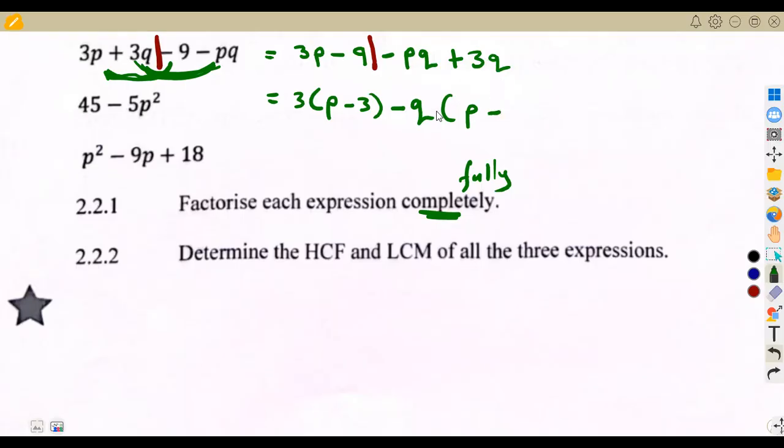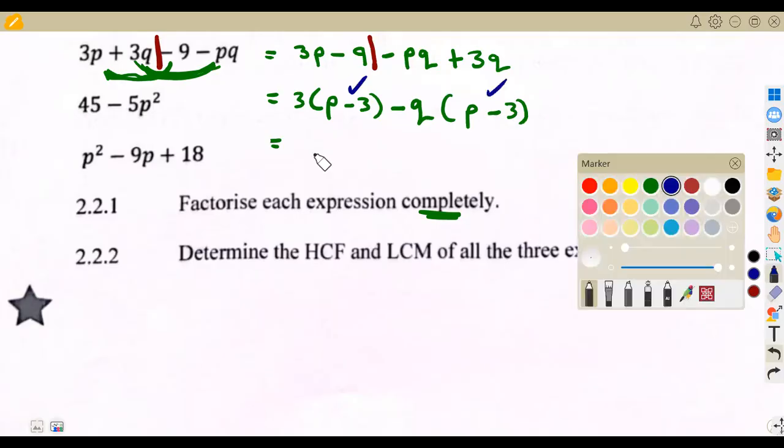So 3q divided by q, q and q will cancel. You remain with a 3. So that's it on this side. So meaning to say, we're just going to take the common bracket, which is p minus 3, p minus 3. That's our common bracket here.